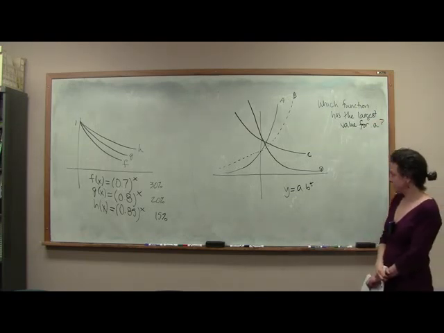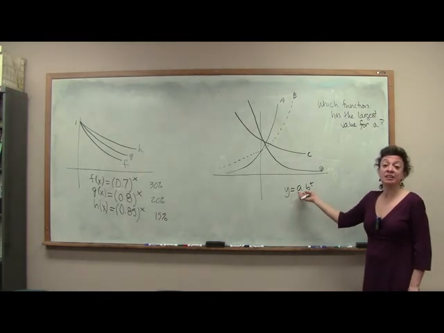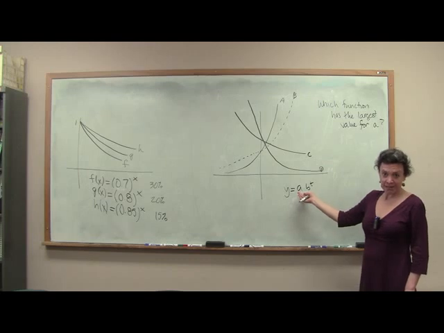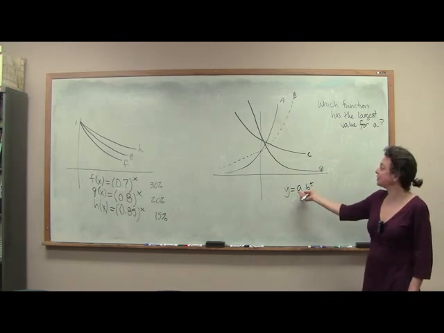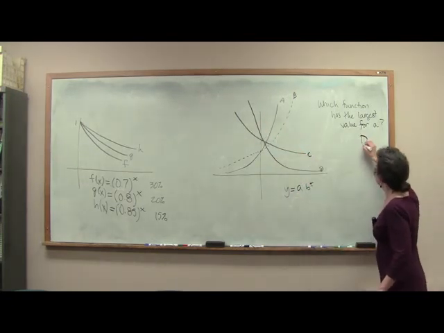What does a give us? a gives us our y-intercept. In other words, what we're asking is which graph crosses the y-axis at the largest point, and I claim that's my graph D.